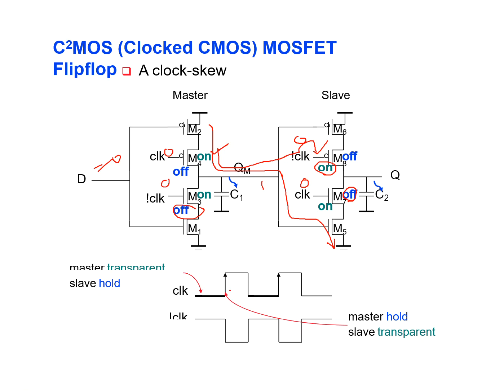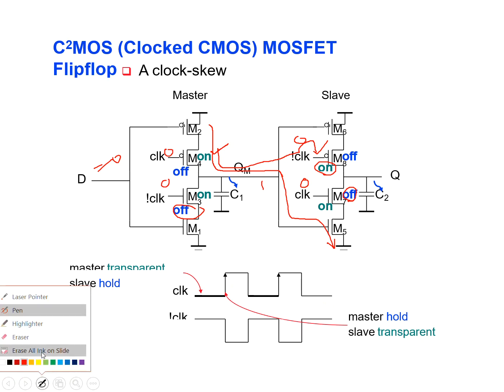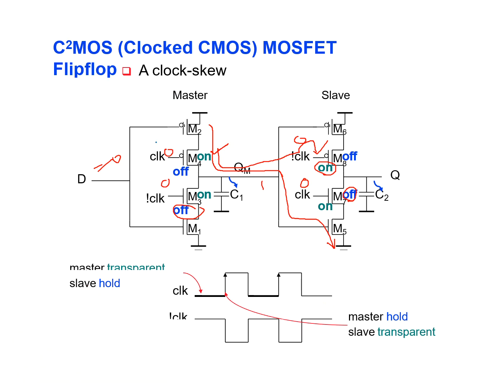Similarly, when my clock is changed to 1, the shortest path that exists here is this, which is in on condition. I am encircling with blue. And as I am giving clock as 1 here, this M7 is in on condition. Hence M3, and I am now giving my input as 1. If D is 1, which makes your M1 to be in on condition, which helps your output to be 0 here, QM will be 0.